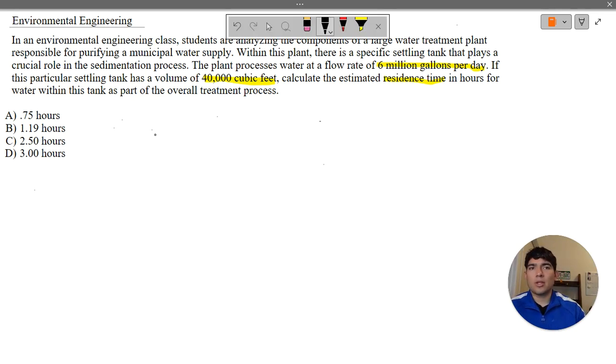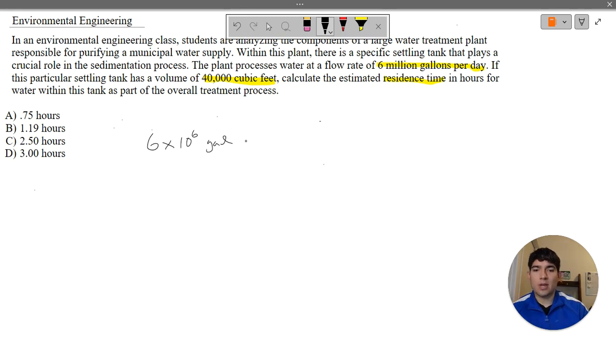So one of the things that we're given is the fact that we have 6 times 10 to the 6 gallons of water overall flowing through the plant, and we are given the volume of the specific tank we're looking at in cubic feet. So we want both of those units to be the same for our calculations.